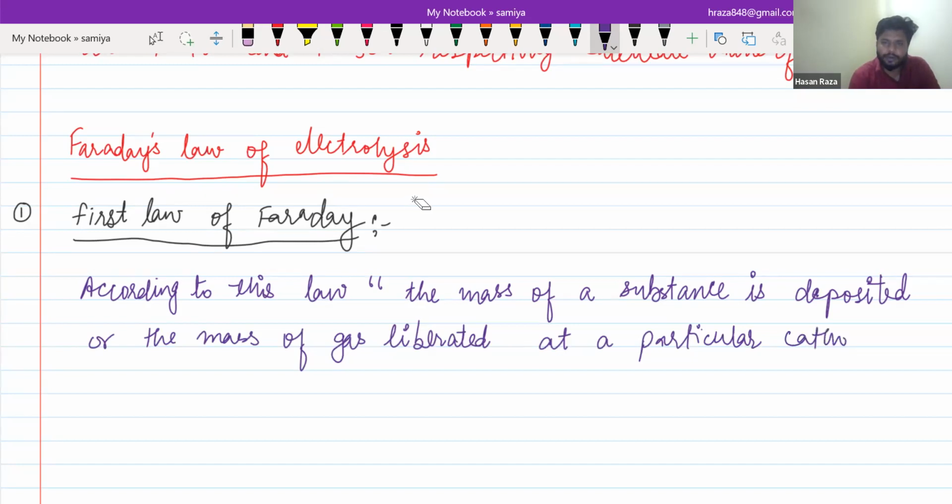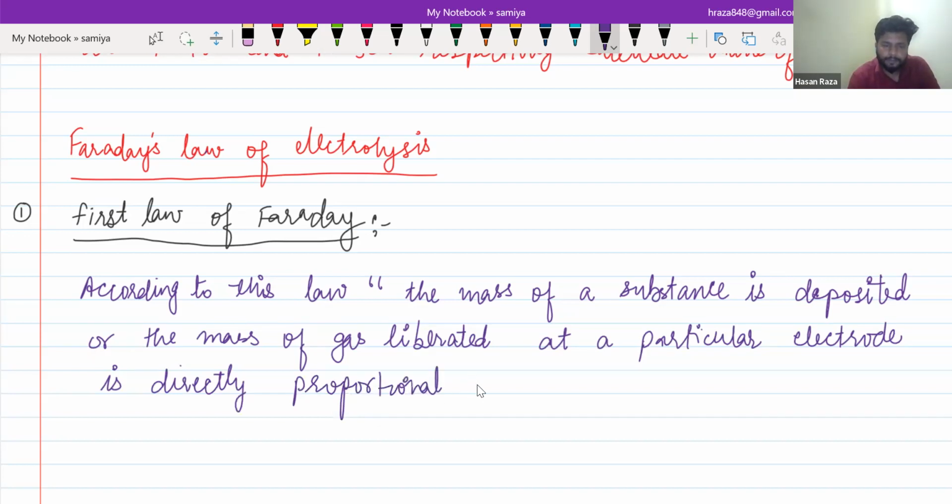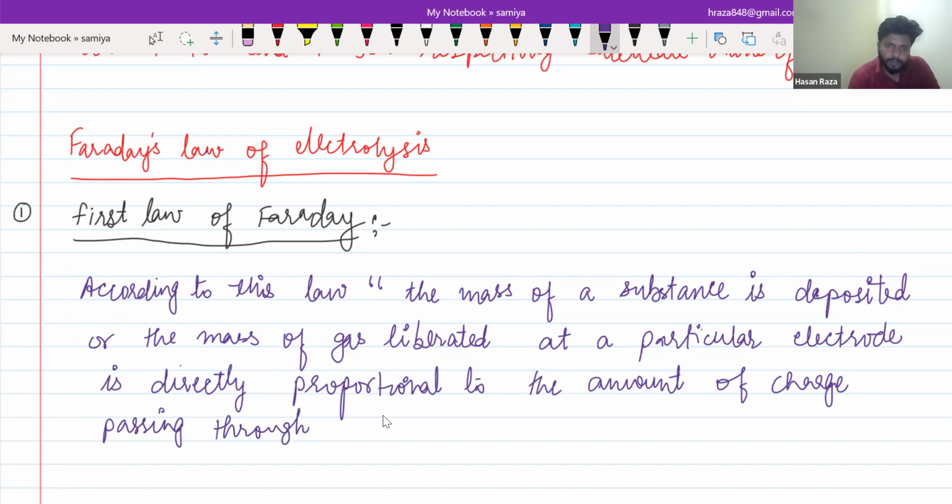Sorry, electrode, not anode, not cathode. We are talking about at a particular electrode is directly proportional to the amount of charge passing through solution.